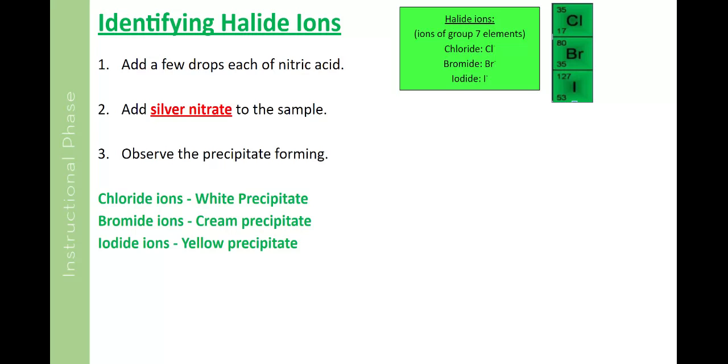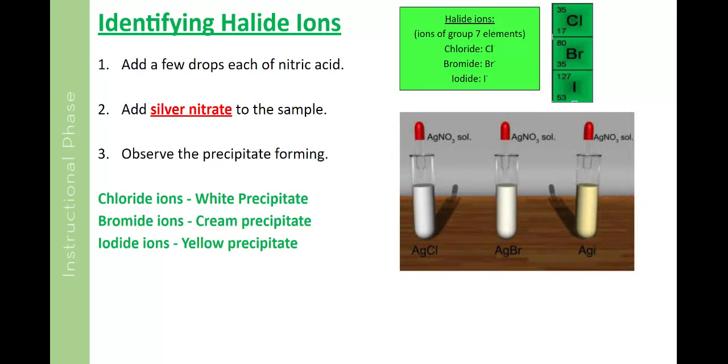And then you need to look for a precipitate forming. Remember, a precipitate is a solid forming when two solutions are added together. If you look on the screen at the image, you can see that AgNO3, silver nitrate solution, is being added to the sample.